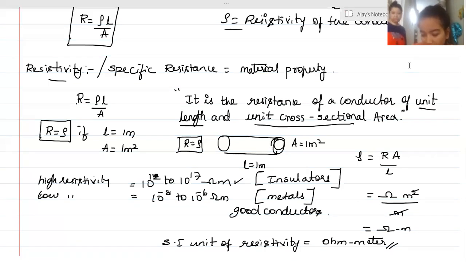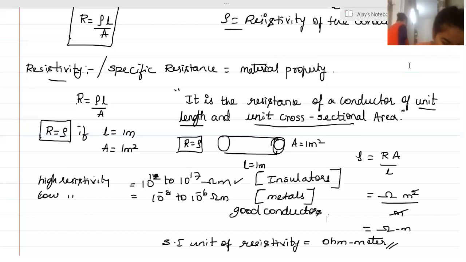And today's homework: first question is Ohm's law. You should be thorough with Ohm's law. In the textbook you have a diagram for Ohm's law. In the activity part there is a diagram for Ohm's law. You have to draw the diagram of the circuit. That diagram has to be drawn, and there is a graph given below. That graph too has to be drawn.